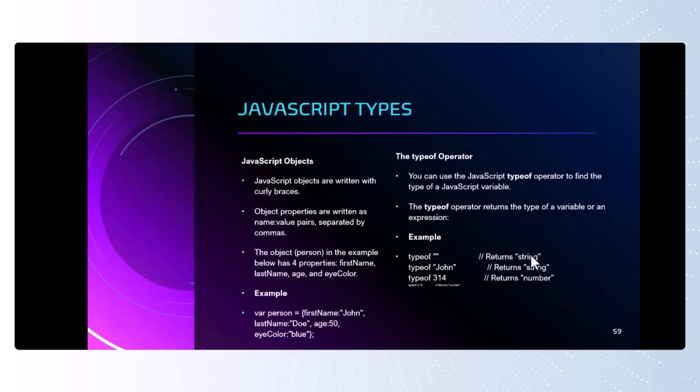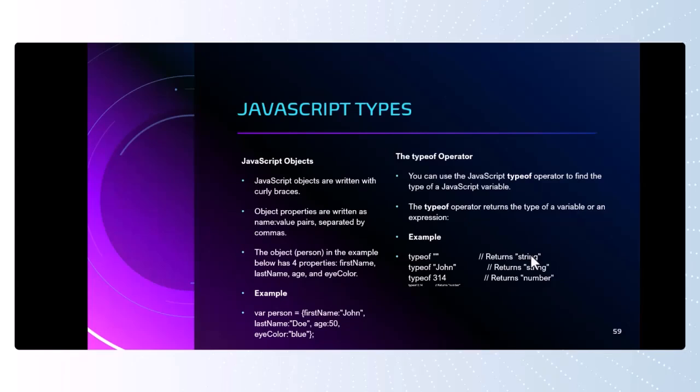JavaScript objects are written with curly braces. The object properties are written as name value pairs separated by commas. The object person in the example below has 4 properties: first name, last name, age, and eye color. So there's a var person with the first name, last name, the age, and the eye color.